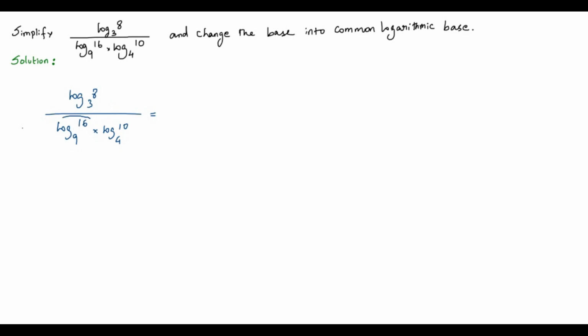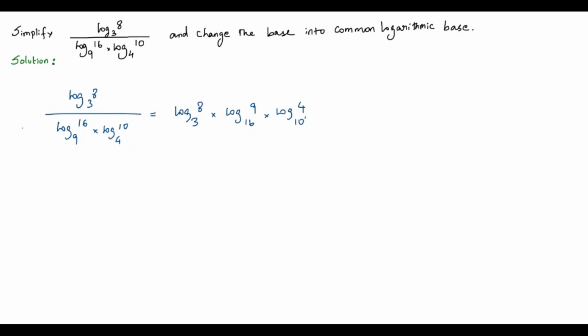That is, if I move this log 16 to the base 9 to the numerator, then I will get log 9 to the base 16. The same thing I am going to do for this logarithm also. I am going to move this logarithm to the numerator. When I move this one to the numerator, I have to switch this 10 and 4. Then I get log 4 to the base 10.